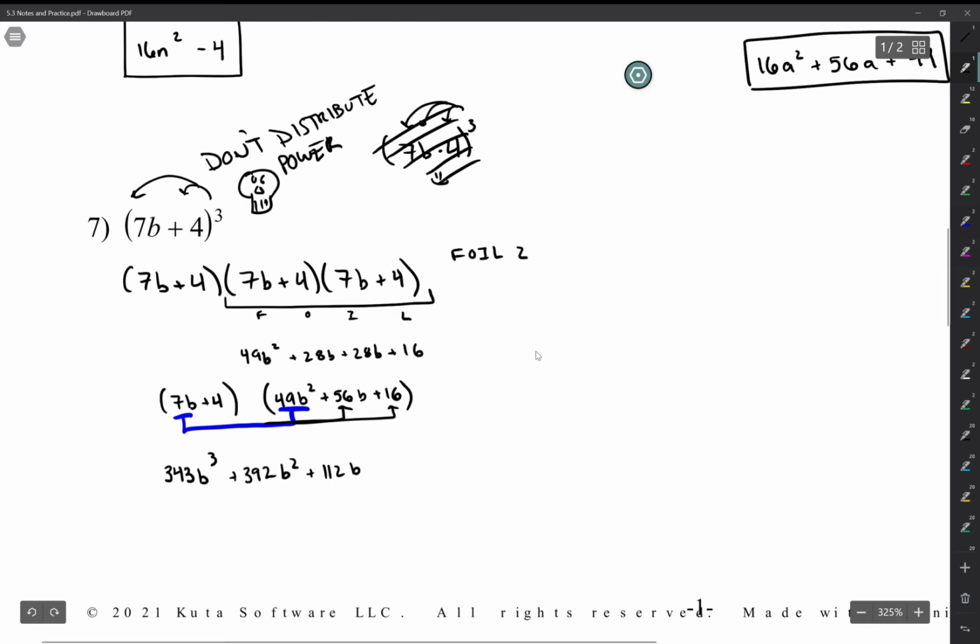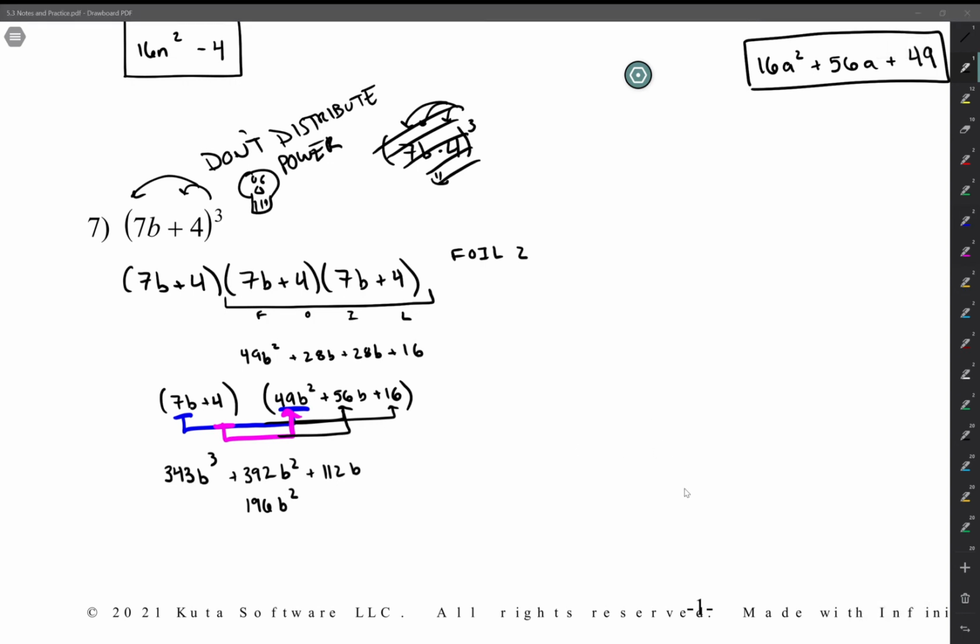All right, almost done. And 4 times 49, that's going to give me 196b squared. Okay, 4 times 56, looking like 224b, and 4 times 16 is 64.